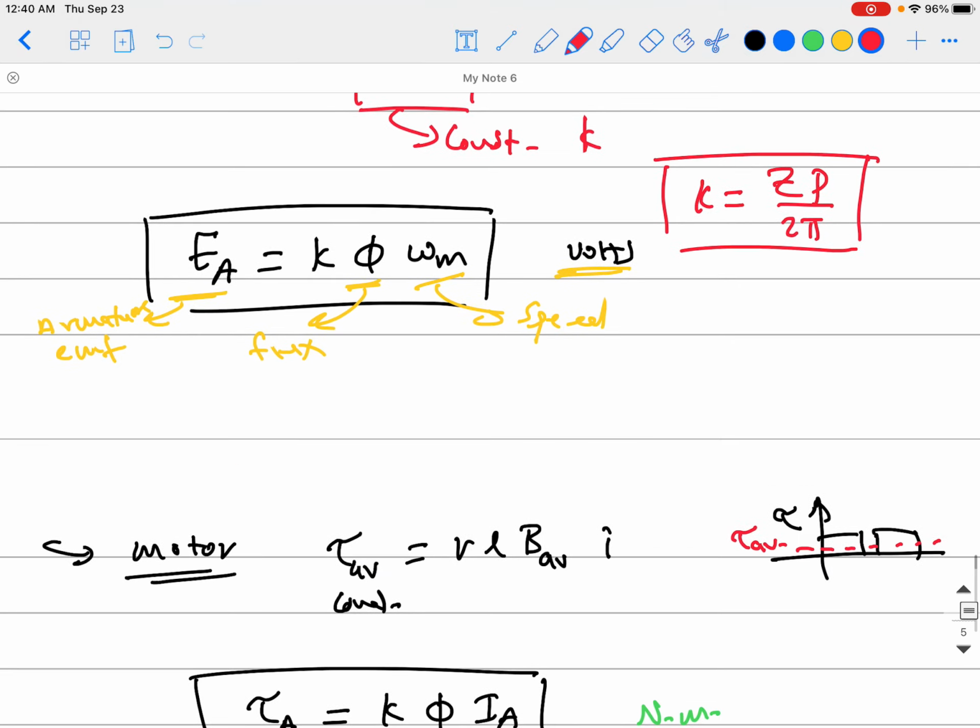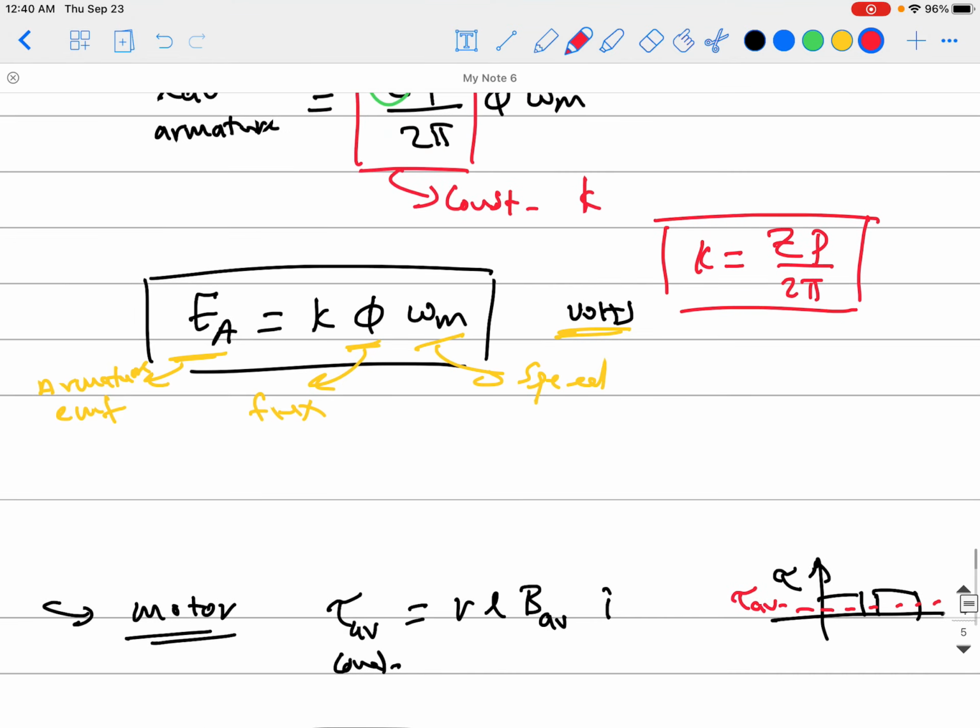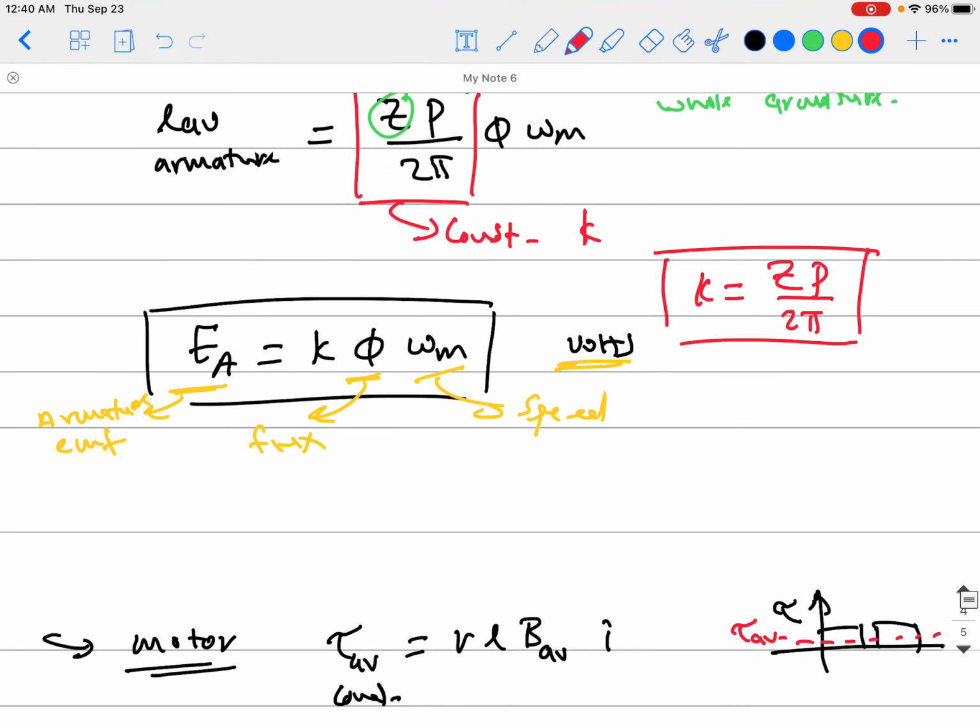Okay, guys? So here are the 3 components we talked about a lot. A generator needs 3 components: a conductor moving by speed through a magnetic field. Here is the equation, K phi omega m. K has the number of conductors, phi is the magnetic field, and omega m is the speed.